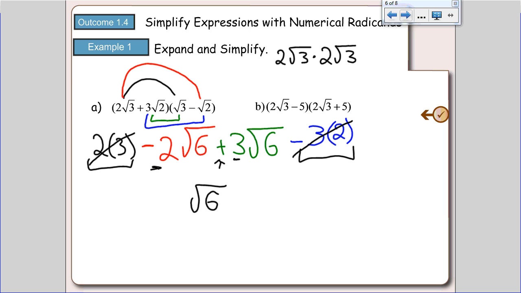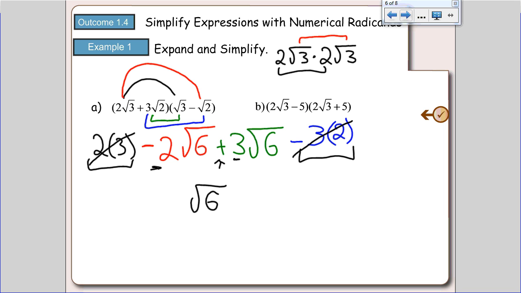And then these root 3's can be multiplied together. What's root 3 times root 3 going to give you? Just 3. If you have a square root of something times the square root of the exact same thing, the square root just cancels itself out. So this works out to be 4 times 3.